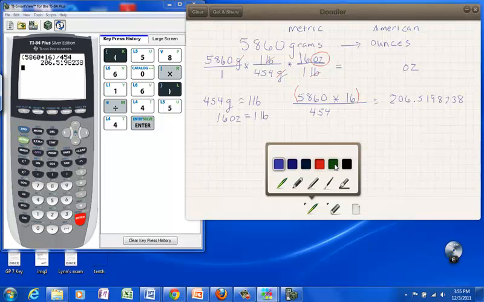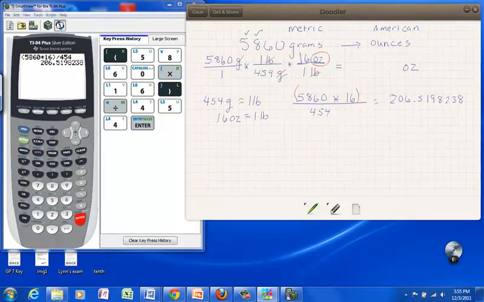If you go back and count the significant digits in the original measurement, 5,860, the significant digits are the 5, the 8, and the 6. That 0 is just holding a placeholder. So in my answer, I'm going to want 1, 2, 3 significant digits as well.